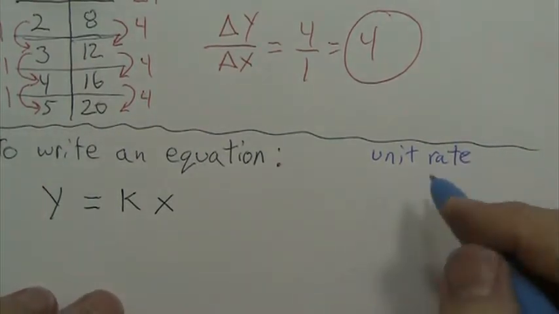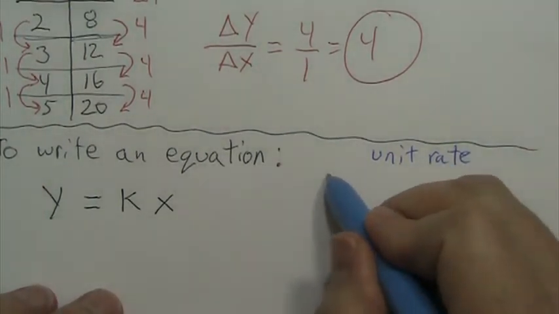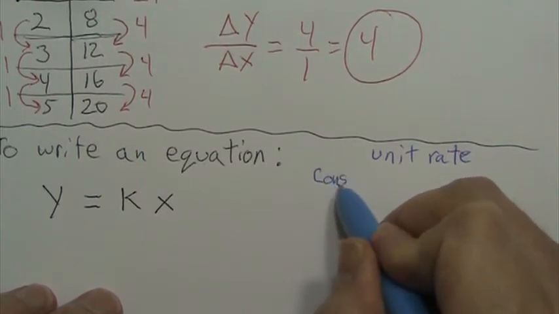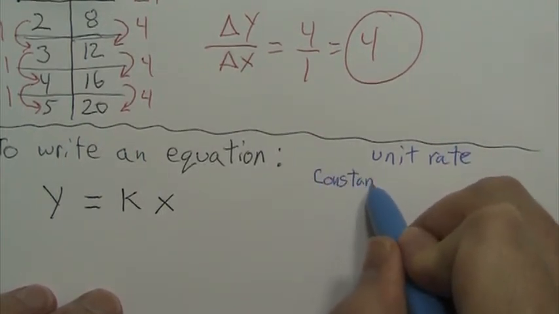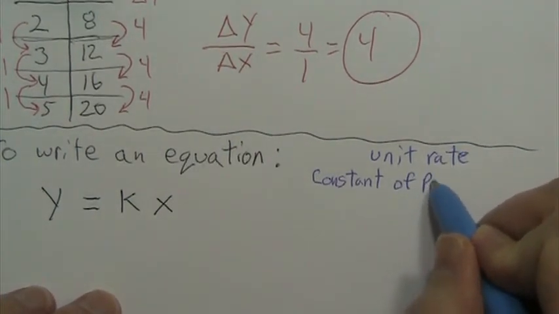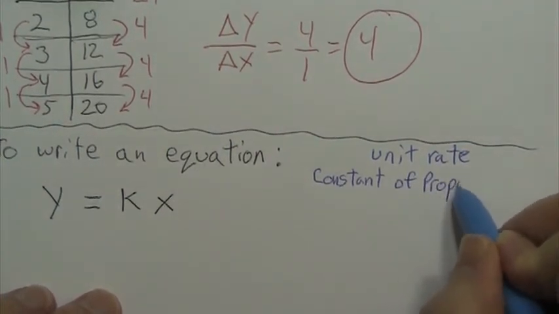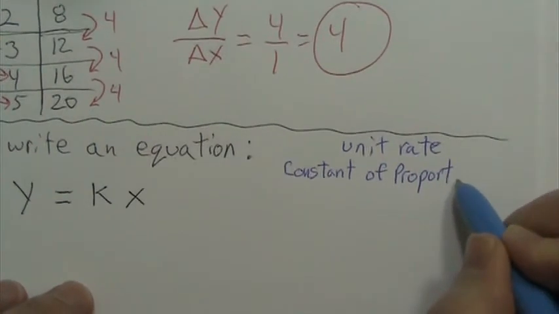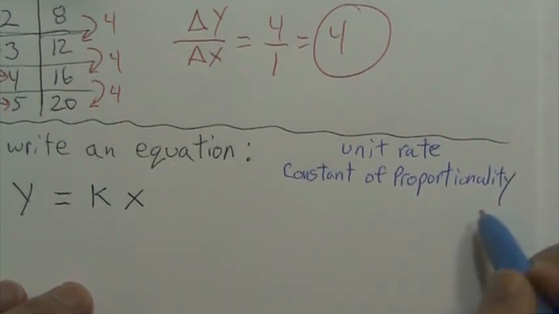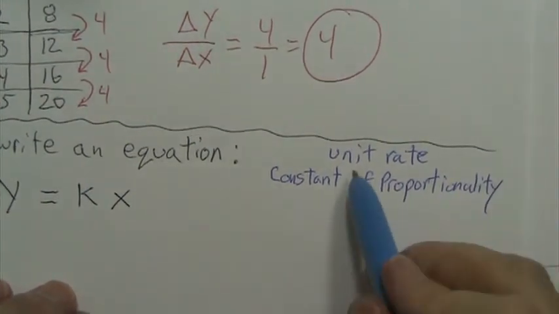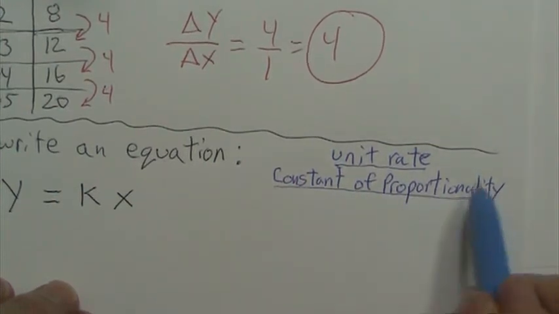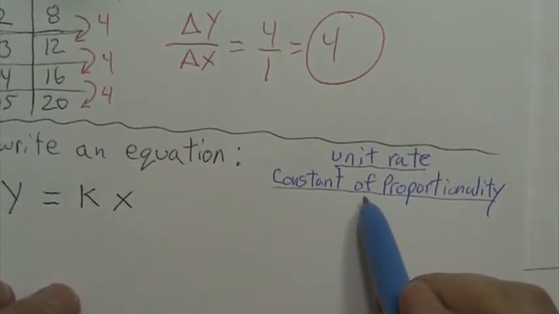If you want to abbreviate, go ahead. I'm going to spell it out though because I need practice. Constant of proportionality. These two things mean the same. Unit rate, constant of proportionality.